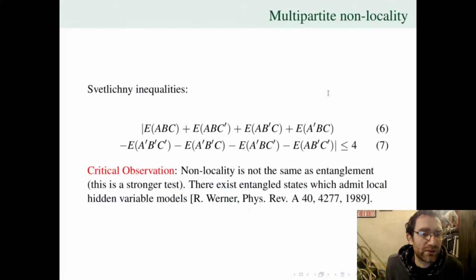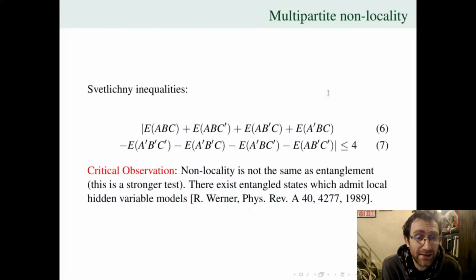A critical observation is that non-locality is not the same as entanglement. So this is a stronger test. If you try to test whether a quantum system displays genuine multipartite non-locality, it will in general be harder than testing whether it is entangled or not, because entanglement and non-locality are not equivalent physical concepts.